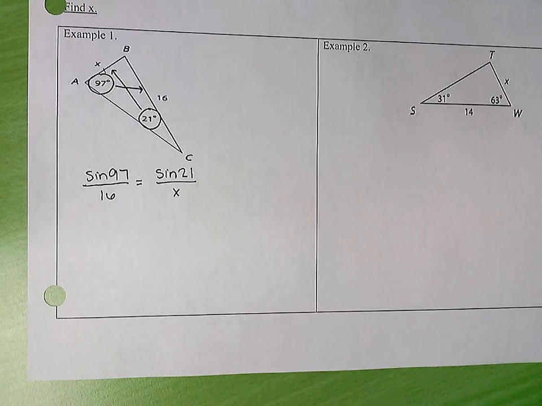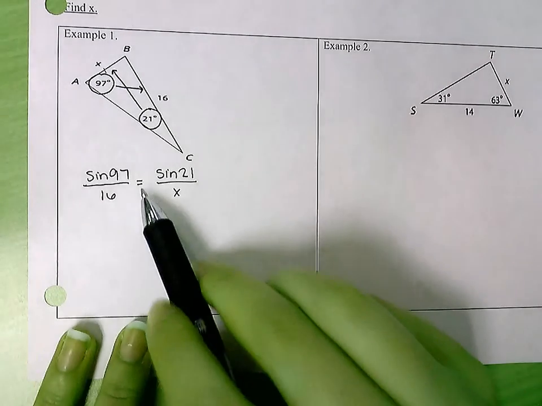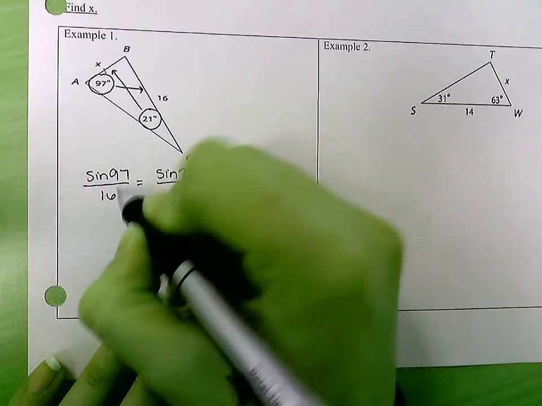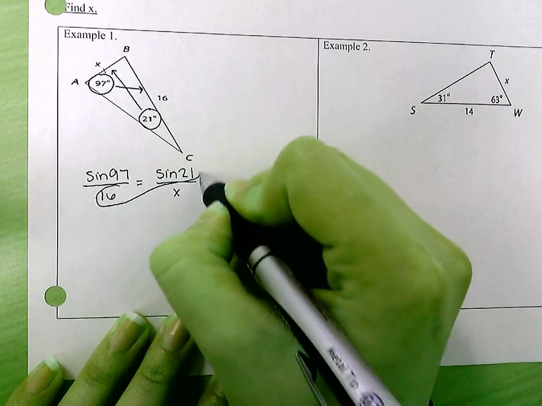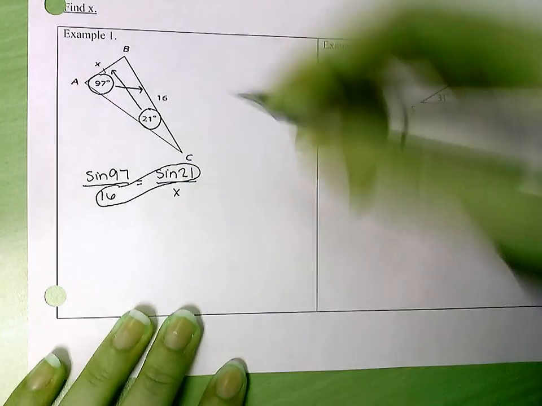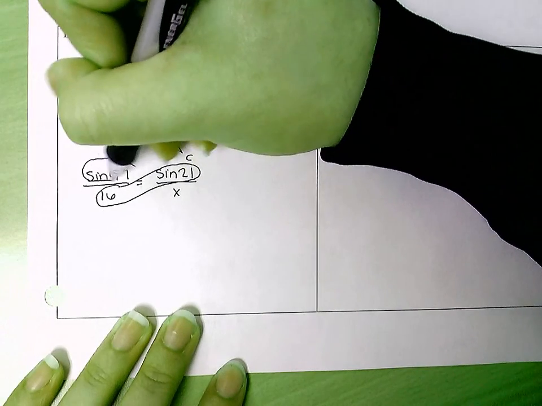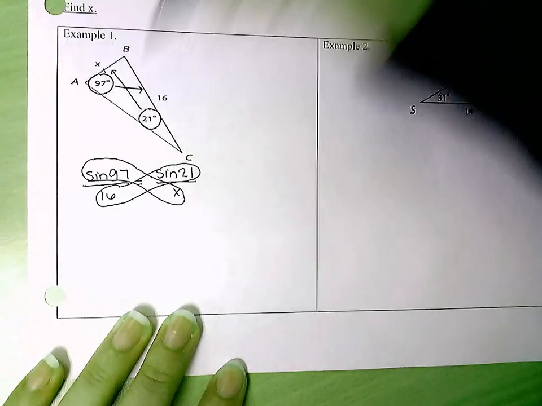Now that I have this set up, I'm going to cross multiply. You cross multiply when you have that equal sign between them. So I'll have 16 times the sine of 21, and sine of 97 times x.